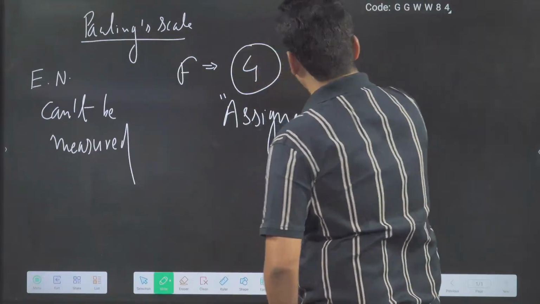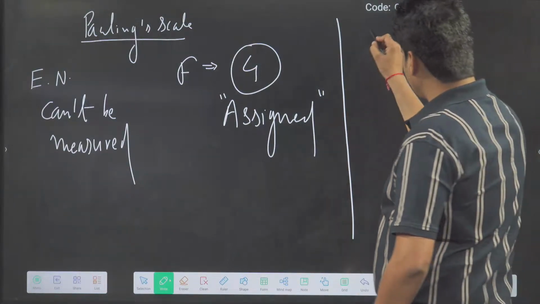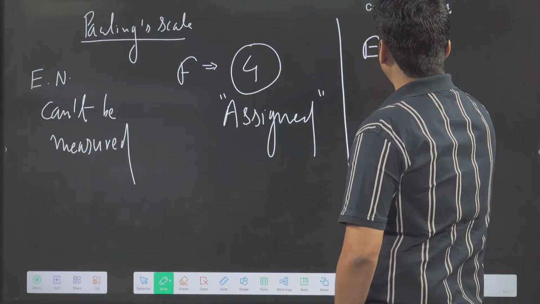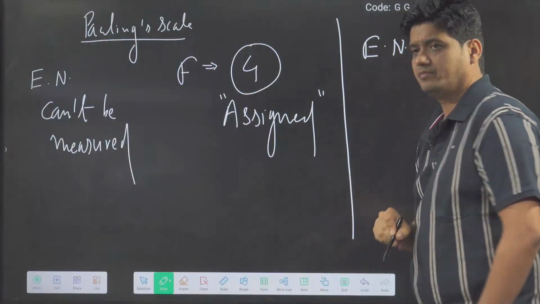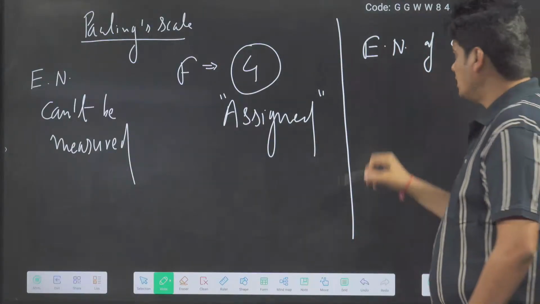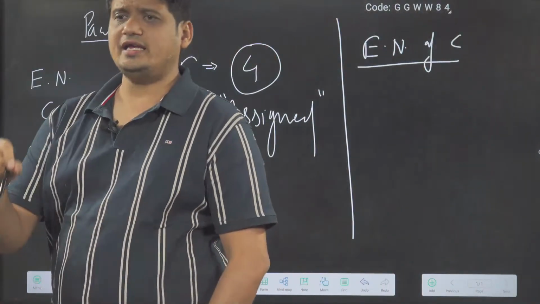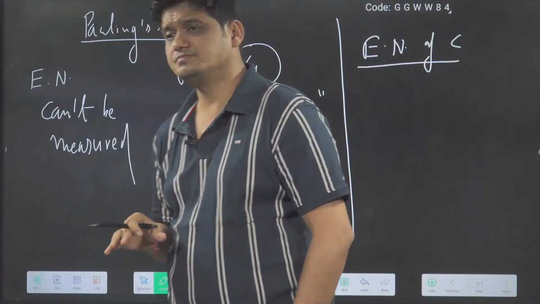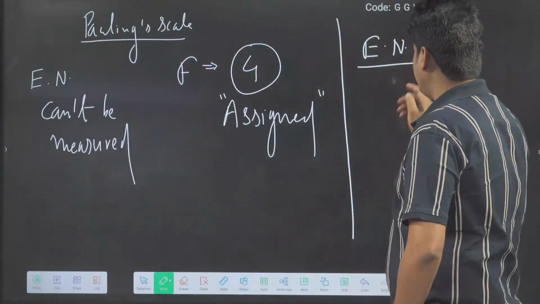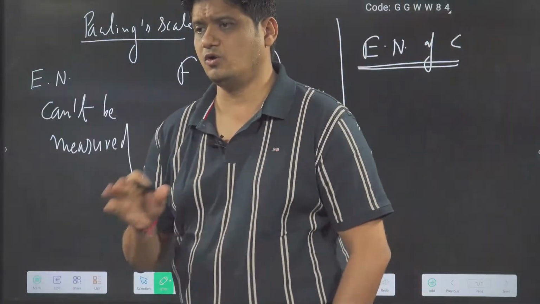Next, I will ask one more question. Let's say I want to talk about the electronegativity of carbon, or any other atom. Can I say it is a fixed value? Yes or no?